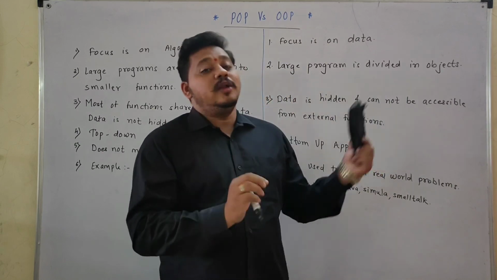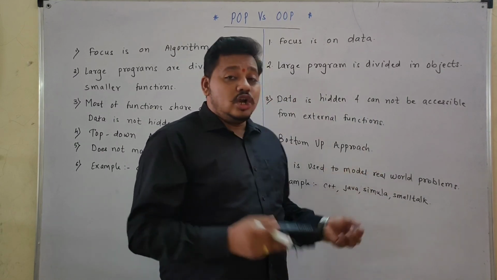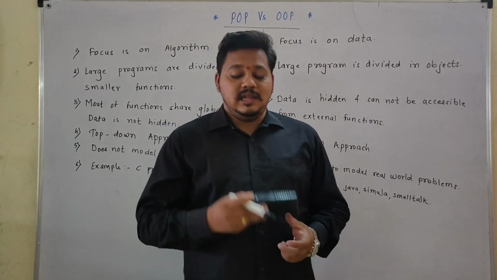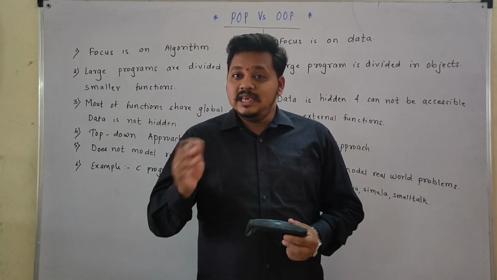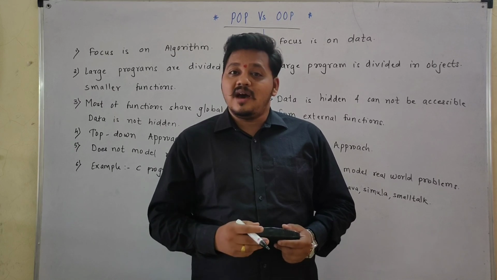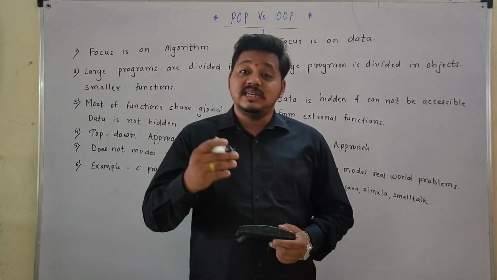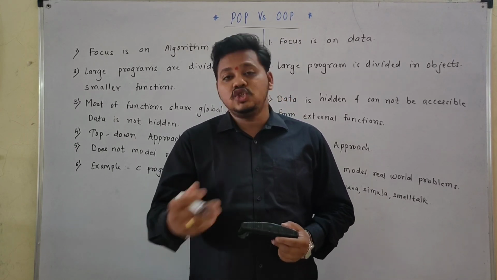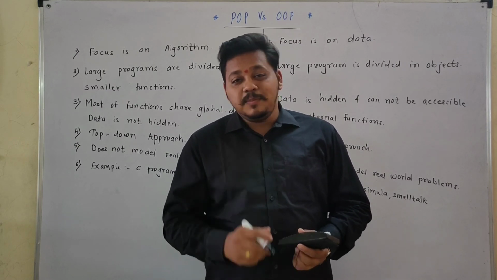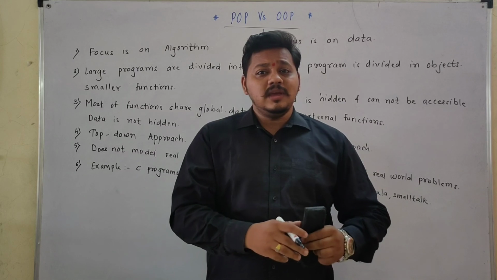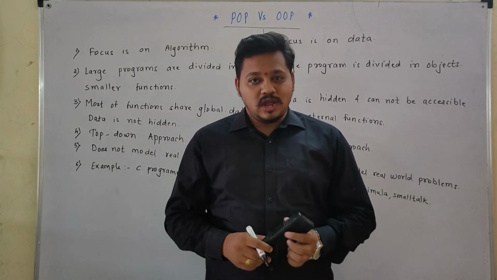But object-oriented programming is used to model real-world problems easily. The examples of POP are the C language, and the examples of OOP are C++, Java, Simula, Smalltalk and so on. So in this way we have seen the difference between procedure-oriented programming and object-oriented programming.